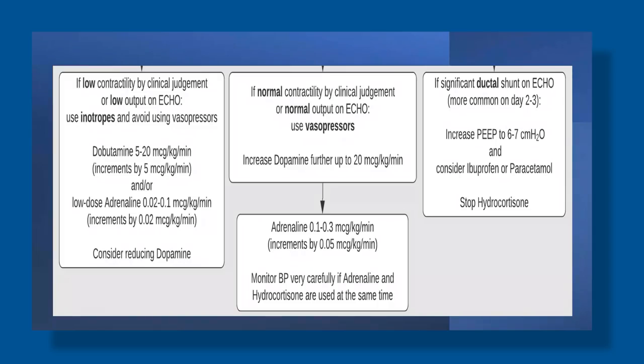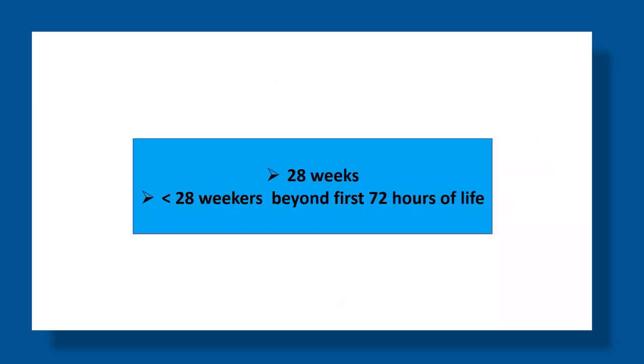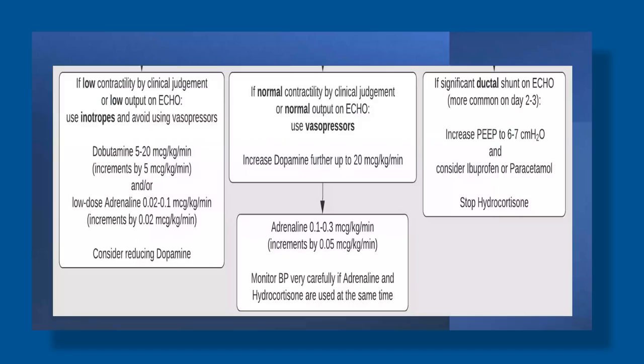So after exhausting your dopamine to 10 to 15, you can start dobutamine or low dose adrenaline. And if you are already on a higher dose of dopamine, for example more than 15, you consider going back and reducing your dopamine.